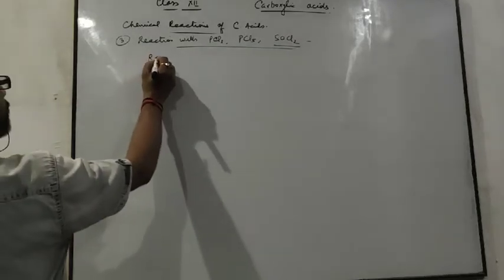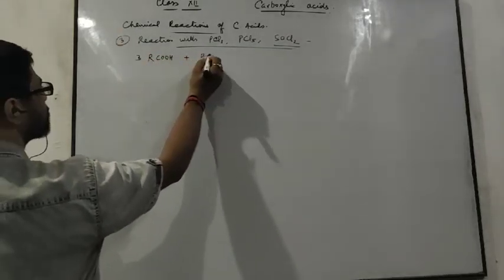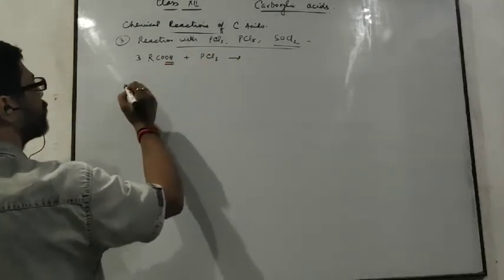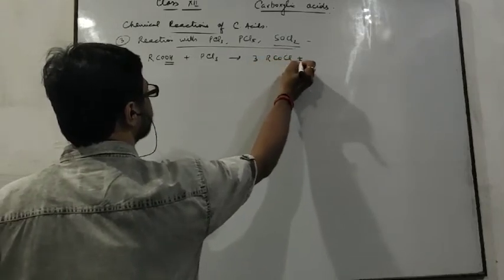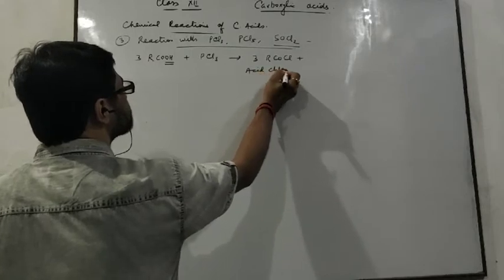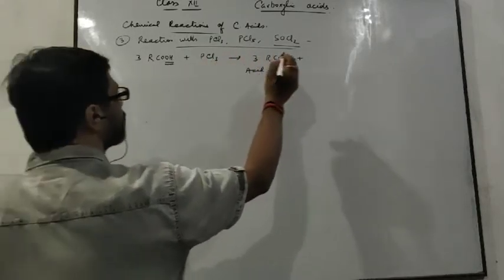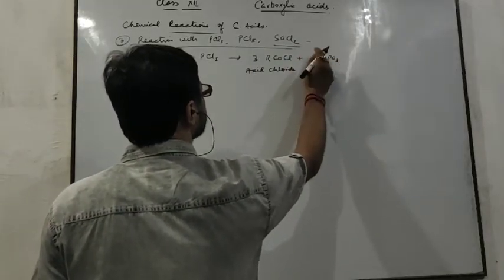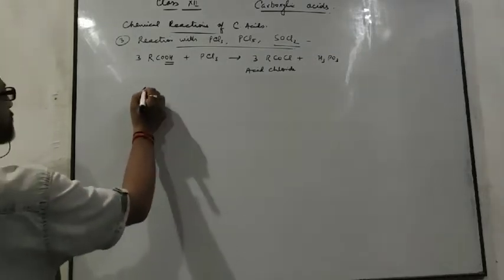See here, RCOOH, 3 molecules of carboxylic acid on reaction with PCl3 lose OH from carboxylic acid and form RCOCl. This one is acid chloride. OH is replaced by chlorine atom and it forms H3PO3. This one is phosphorous acid or orthophosphorous acid.